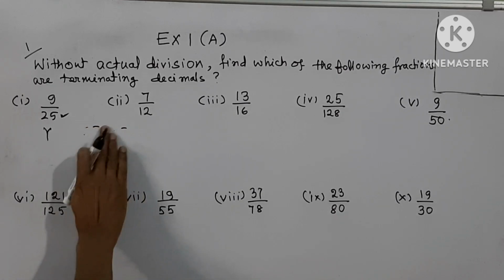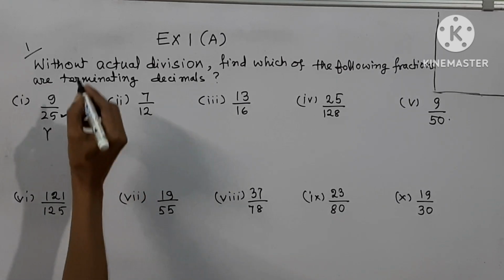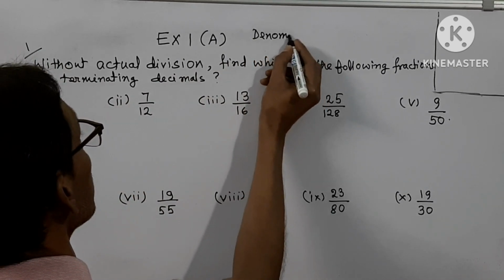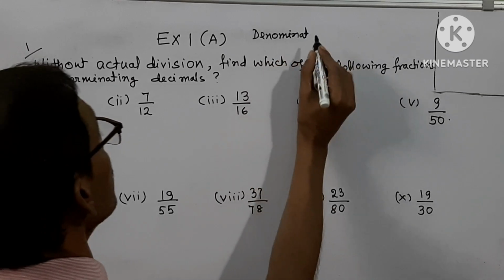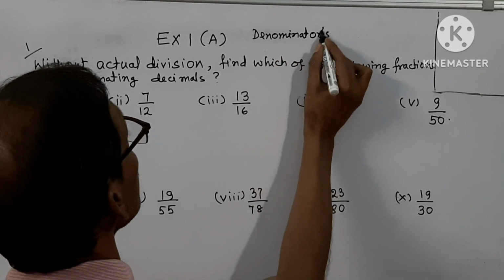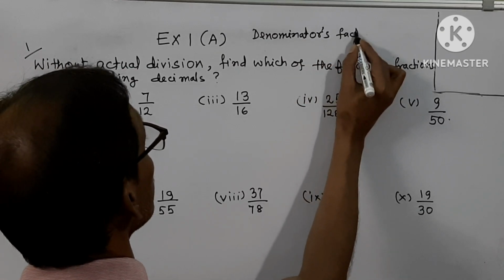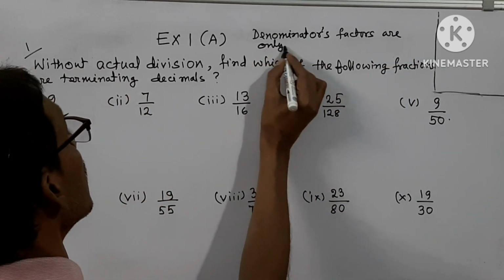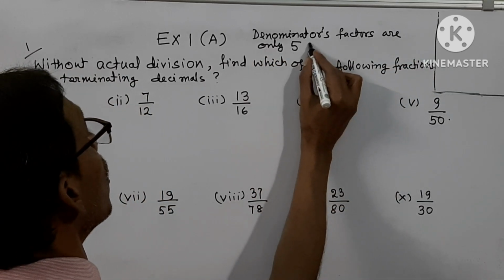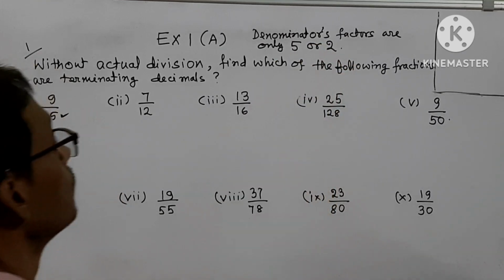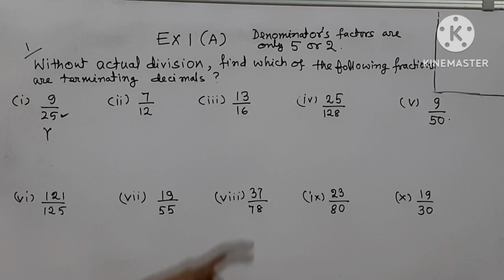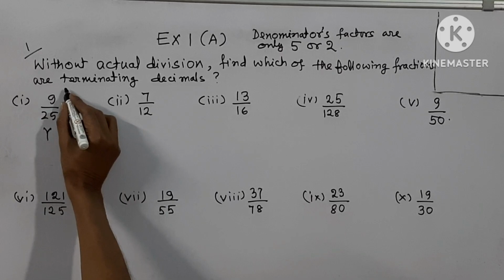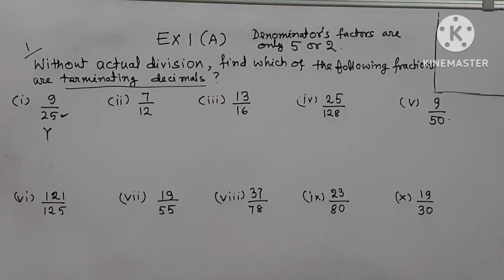So the concept is that, I am writing here, if the denominator's factors are only 5 or 2, then they are terminating decimals.